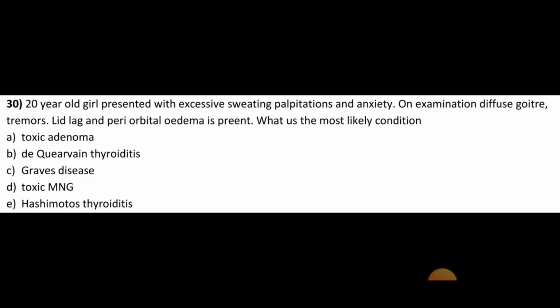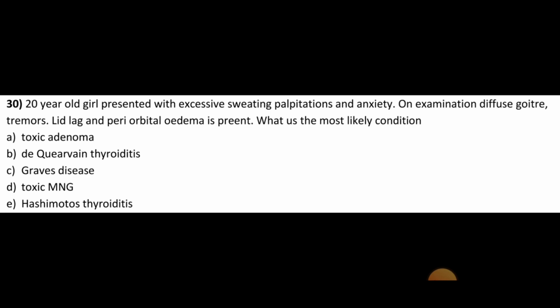So you know that the answer toxic adenoma is false because it gives nodular goiter, not diffuse enlargement. De Quervain thyroiditis, it causes hyperthyroidism. These patients have features like post-viral or viral syndrome with fever, malaise, painful and tender goiter, and those patients do not have the features of Graves' ophthalmopathy.